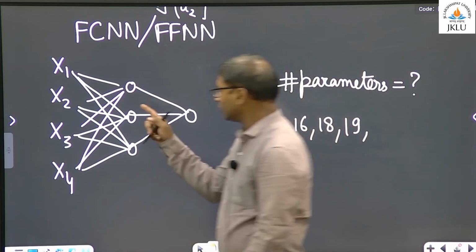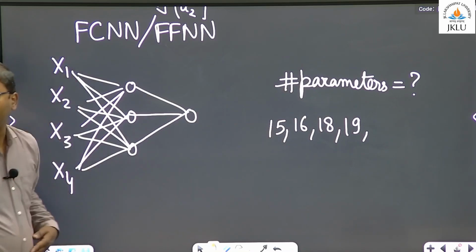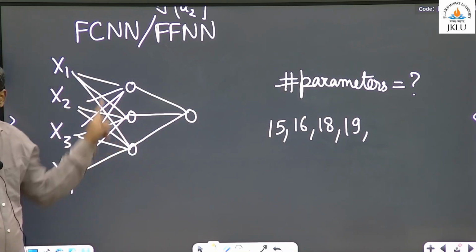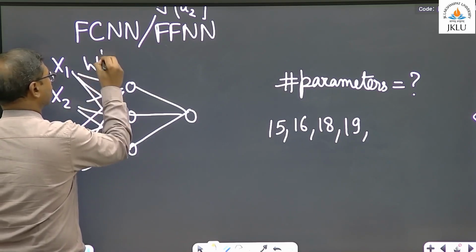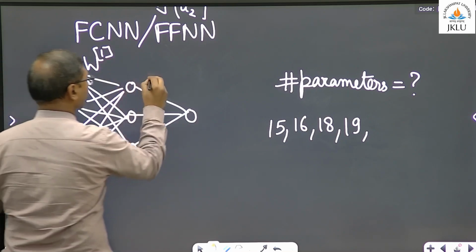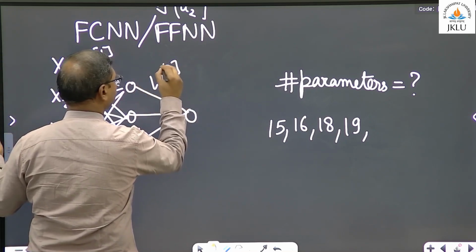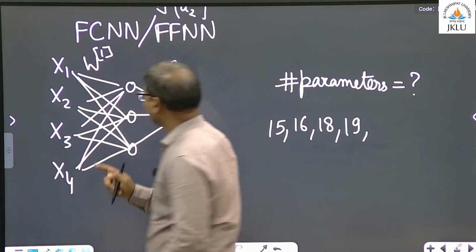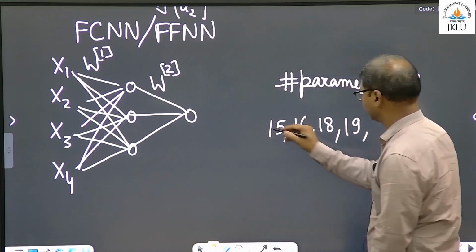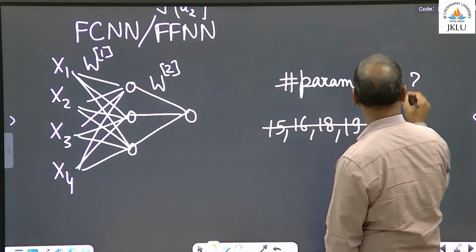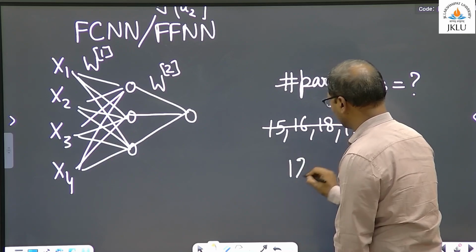So, weight matrices. I will not talk in terms of individual weights, I will be talking in terms of weight matrices. Here you have W1, here you have W2. So how many parameters in W1? 12.